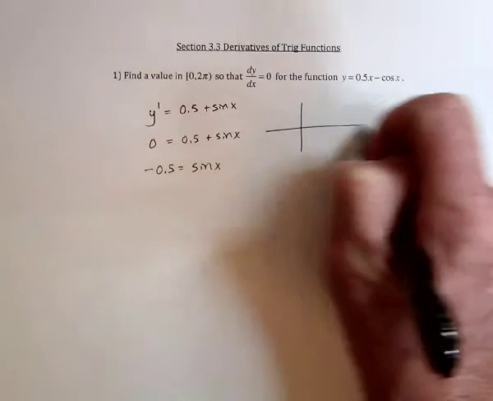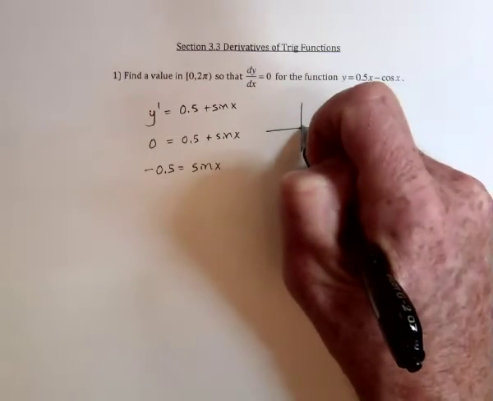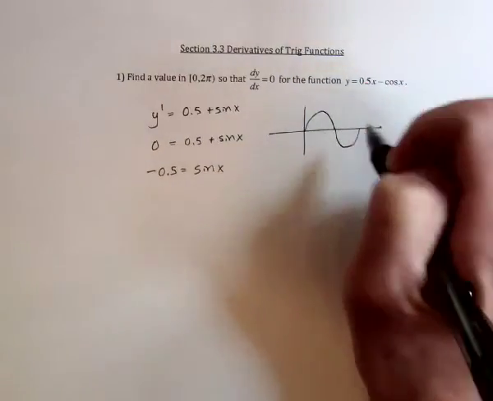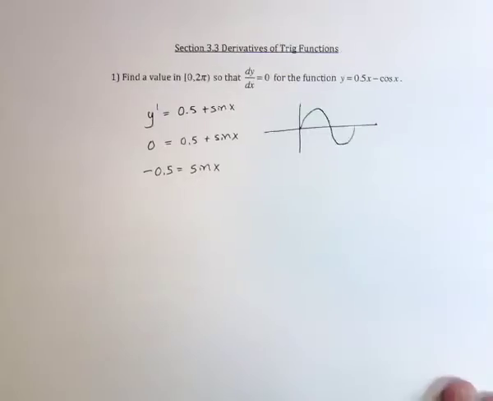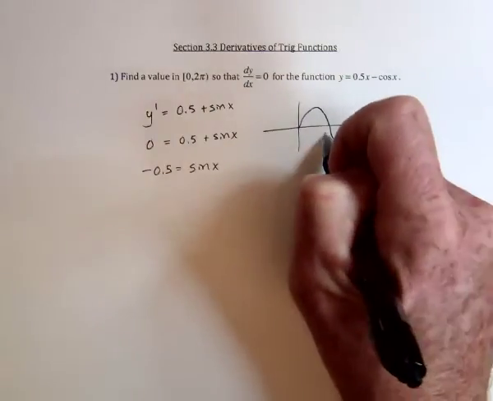So on the interval from 0 to 2 pi, if you look at the graph of sine, it would look like this.